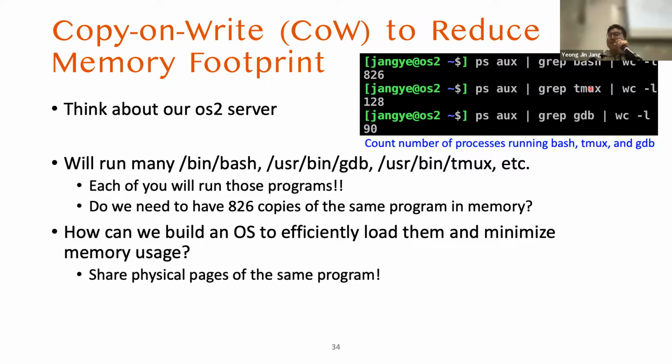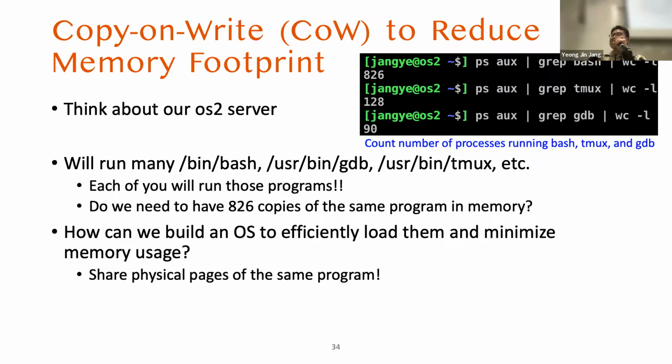And then tmux, which we use for splitting the window and which stays there for a while, runs 128 instances on the server, and many other applications are running like that. Think about it. We have 826 instances of the bash program running. Does that mean we need to have 826 copies of the bash program?